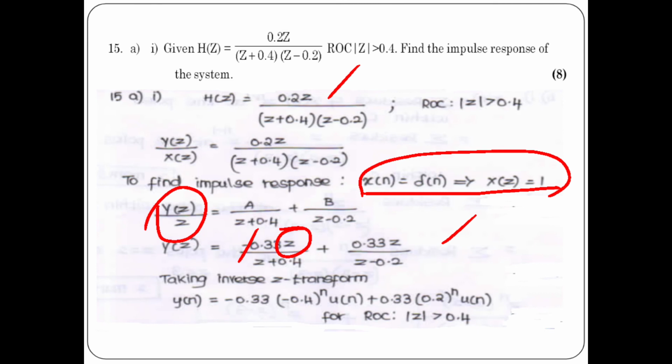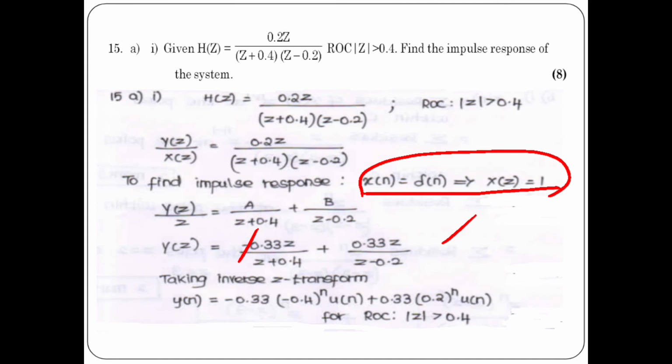So z by z plus 0.4, on taking the inverse z transform, will give you minus 0.4 the whole power n u of n, plus 0.33 into z by z minus 0.2, which will give you 0.2 the whole power n u of n. This is for ROC modulus of z greater than 0.4.